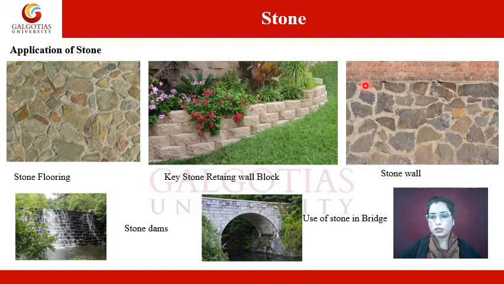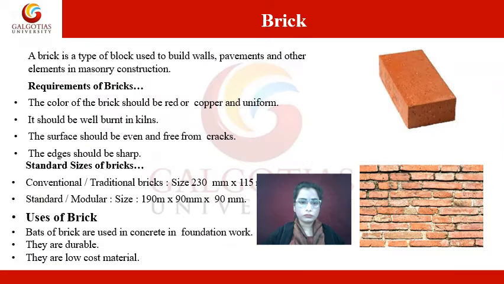Here we are using stone for the block wall. Next is the stone dam. Next one is stone in bridges. So these are some uses and examples of stone masonry for different purposes in different structures.